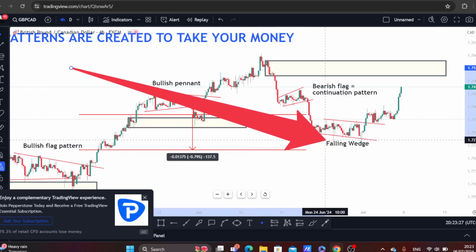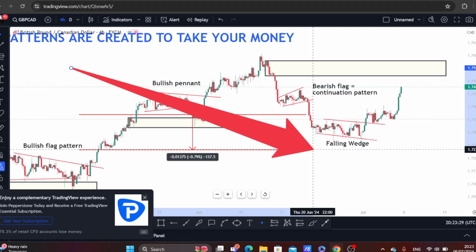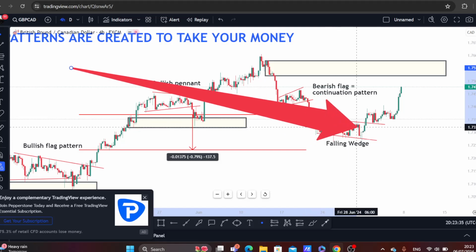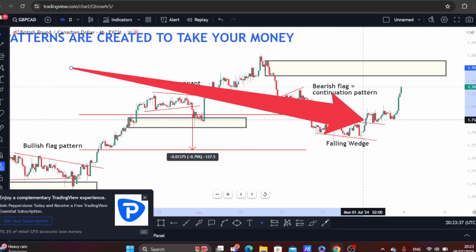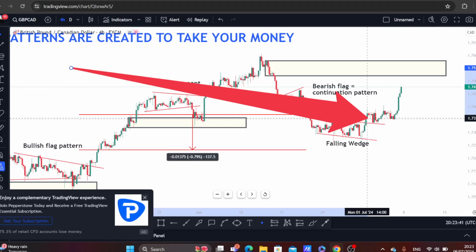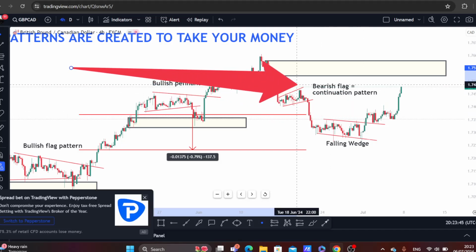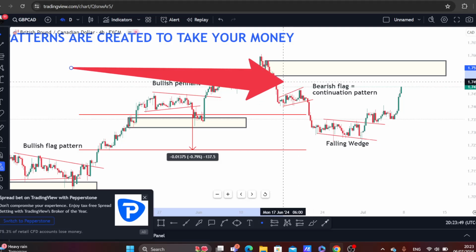As you can clearly see, price did not get to that low before it formed this falling wedge. When we had a falling wedge, we broke out, and this happened last week. We broke out, and if you're short on this trade, your stop is still above the level. And what is above this level?